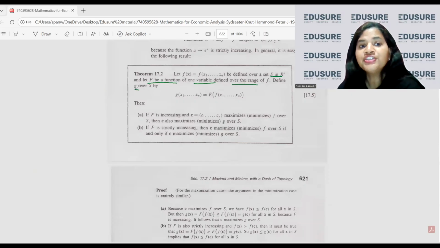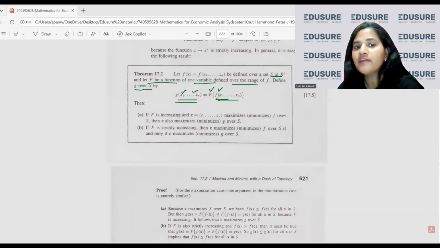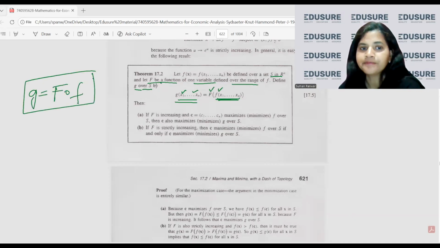Then define g over S by g(x1, x2, ...) as the composition of capital F and small f. Then if capital F is increasing and c equals (c1, ..., cn) maximizes or minimizes f over S, then c also maximizes or minimizes g over S.